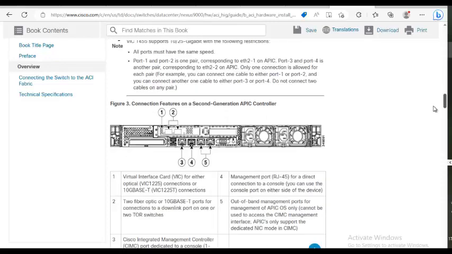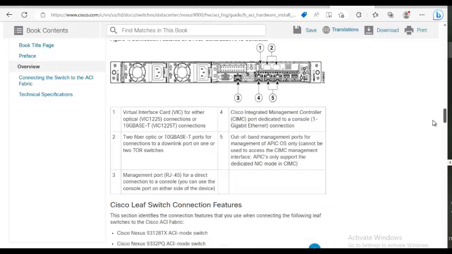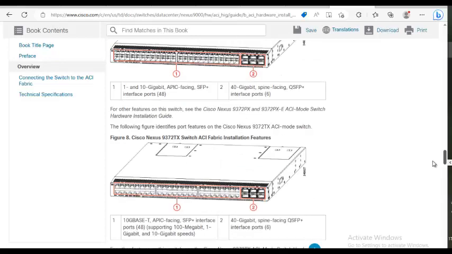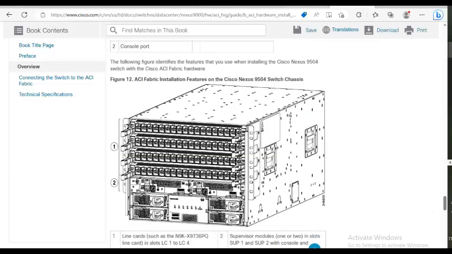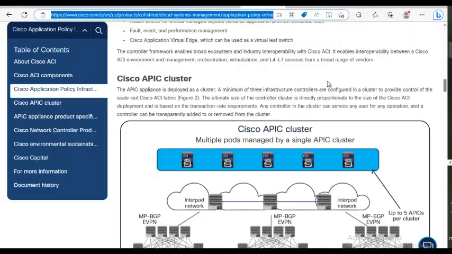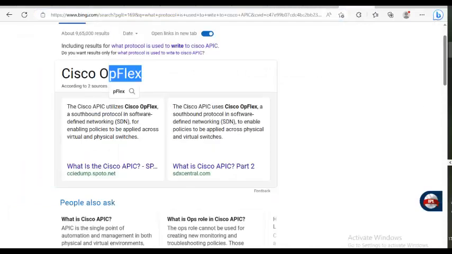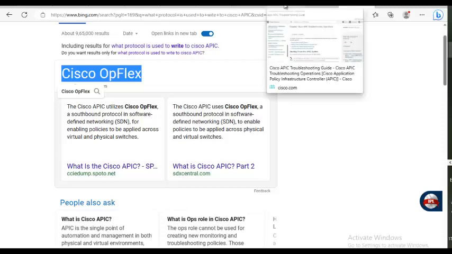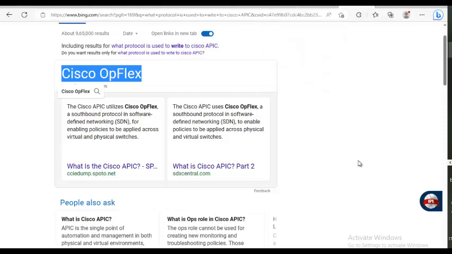Okay. That we'll see in this document. So the answer to your question is it is Cisco OpenFlex, which is used to write and read to the APIC database. The second question that you asked is about the versions, the generation.